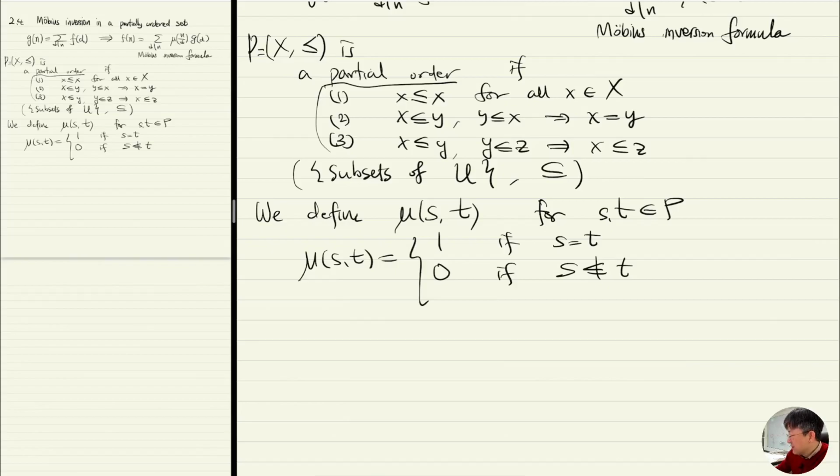And what if s is not equal to t but s is strictly less than t? How do we define it? We define it as minus the sum of mu of s, u, where u is strictly less than t, and at least s.